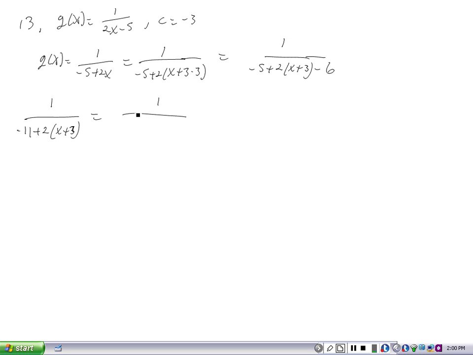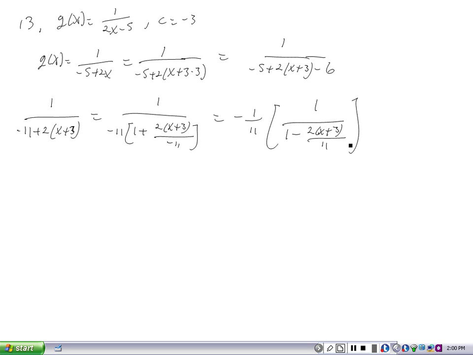And this is 1 over, let's factor out -11 from downstairs. That's 1 plus 2 times x plus 3 all over -11. This is -1 over 11 times what I have left. This is 1 minus 2 times x plus 3 all over 11.